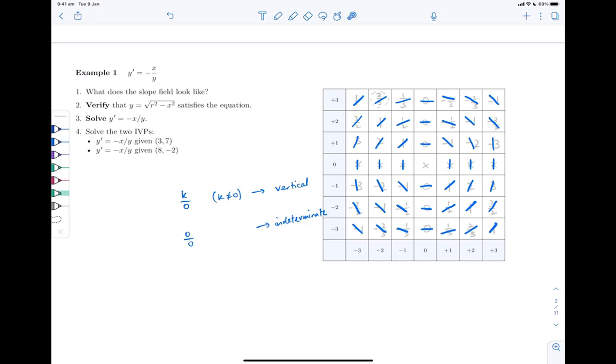If you have a gradient that's k/0, then you can apply limiting ideas, like k/x as x approaches 0. Now that approaches infinity, so that's why we get these infinite gradients. I'm just being loose with notation there, just trying to give the idea. But 0/0 doesn't have that feature.